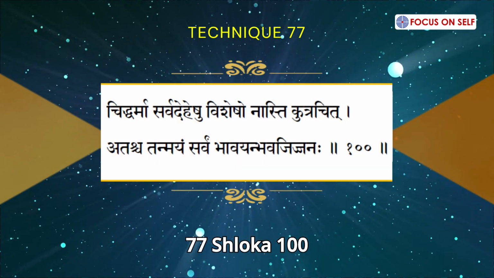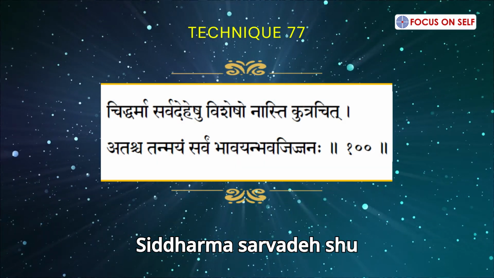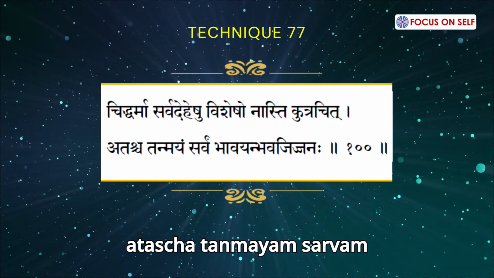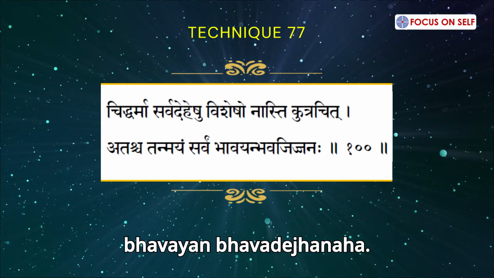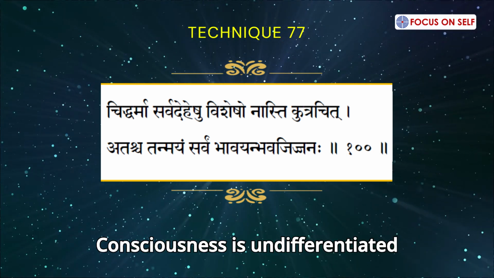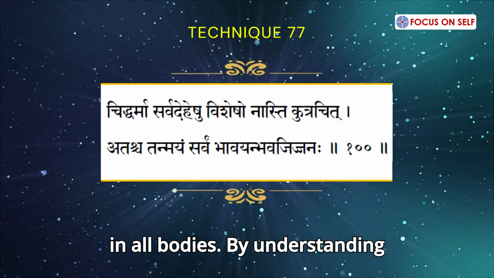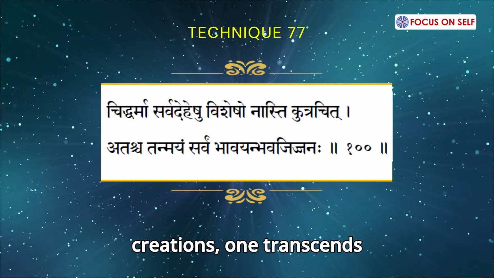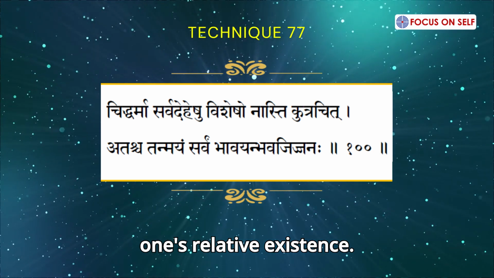Technique 77, Shloka 100. Consciousness is undifferentiated in all bodies. By understanding that consciousness pervades all creations, one transcends one's relative existence.